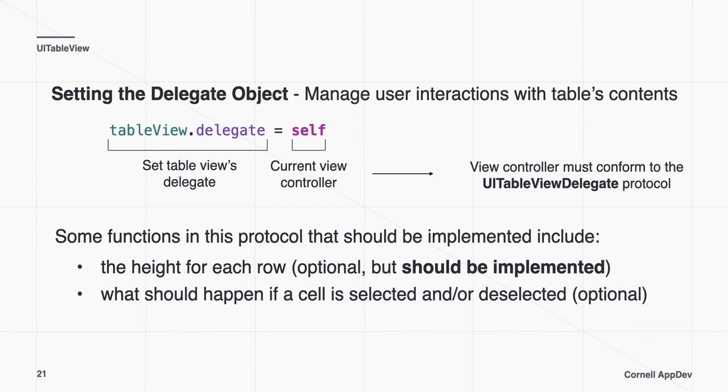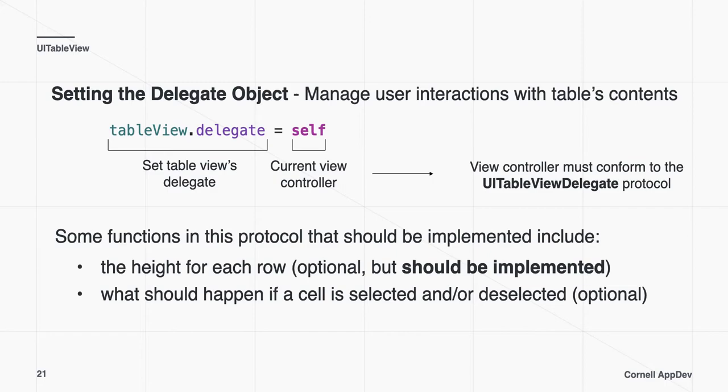This is optional. The tableView.dataSource is required because you have to say how many rows and what cell is in each row. But the delegate you can set optionally if you want to have some user interaction with the table.